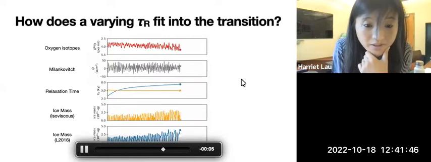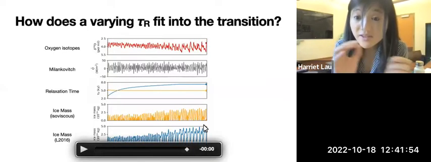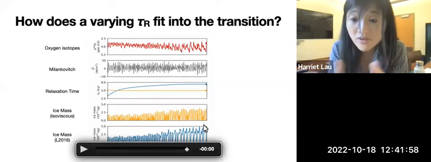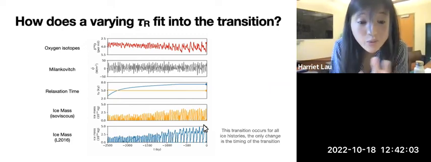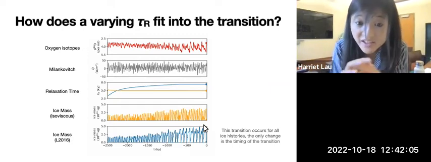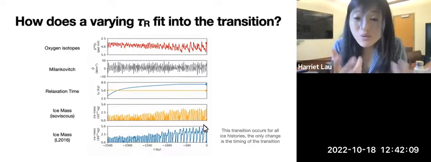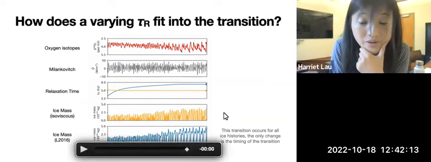So, sorry, I don't know if you can see the play bar, but what you can see is a simple change in relaxation time is sufficient for this switch to occur within the Marsh and Saltzman's framework. And so just to note, we tried many different secular histories, and the switch always happened. It was really just the timing of the switch that changed depending on the history we chose.